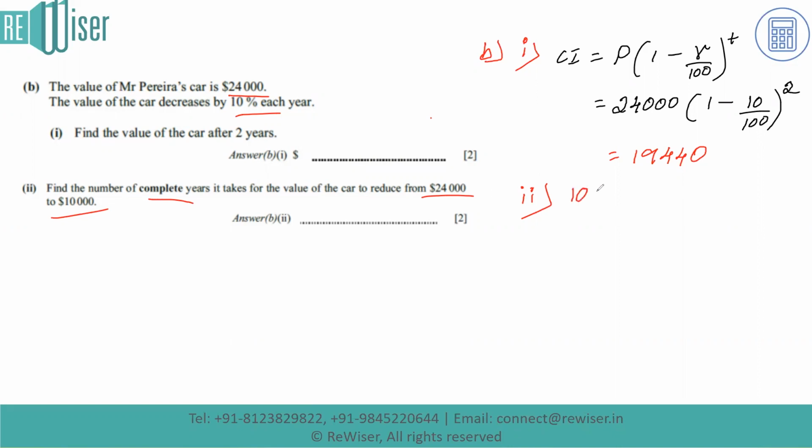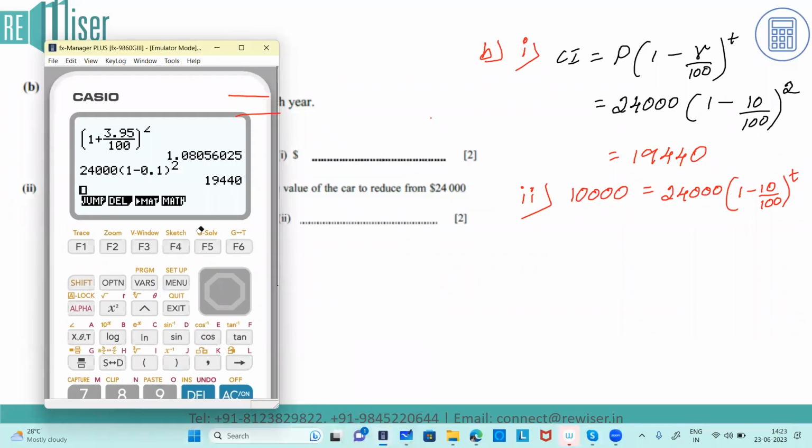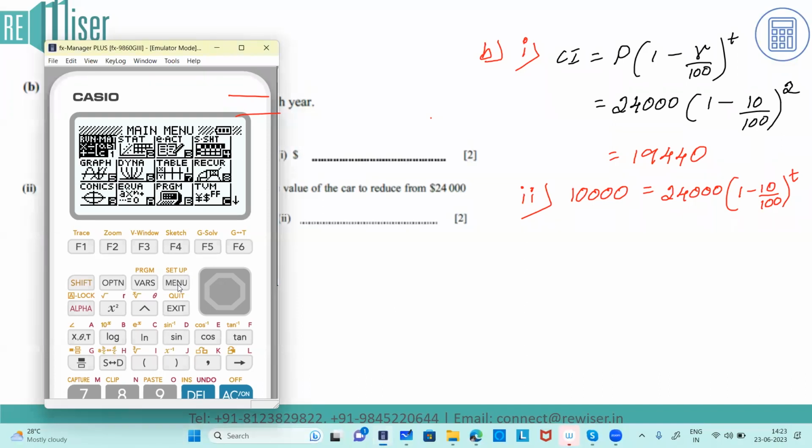So all I have to do is write 10,000 equals 24,000 into 1 minus 10 by 100 to the power of t, and we need to get the value of t. In order to do this, we can use something called the equation solver on the calculator. Of course, we can use logs and do it, but that's still a long thing to do.